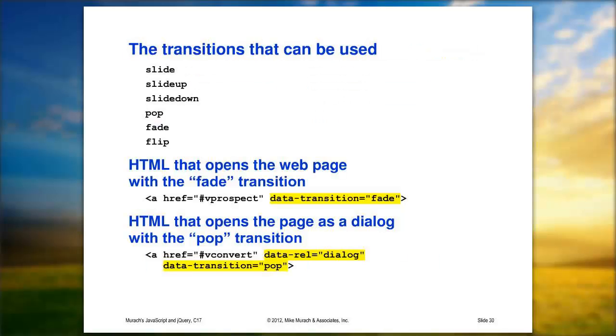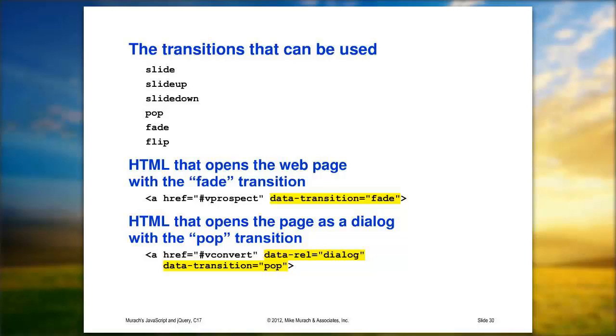All right. Now, when we go from page to page, jQuery Mobile automatically provides these fading transitions. You also have your choice of using different transitions. And if you look at the middle of the screen, in our A element, here we have a data-transition attribute, another data attribute, that's fade. So if we wanted to use that, although that is the default, here again, you can change that.